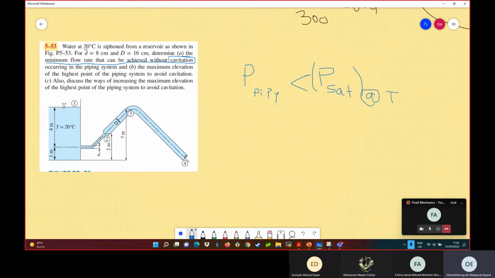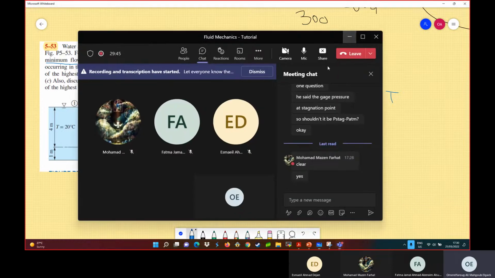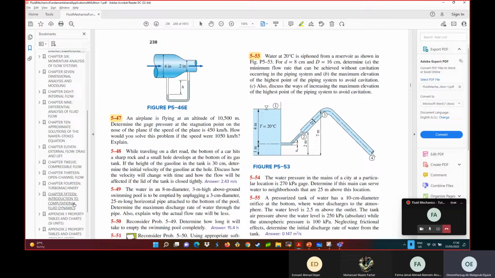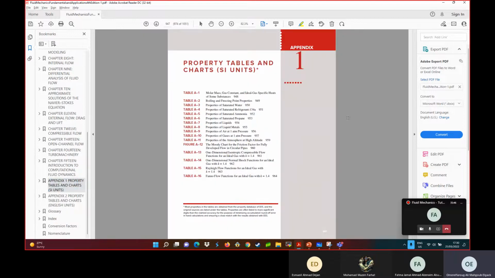Here the temperature is 20 degrees Celsius. There is a corresponding saturation pressure. If you took thermodynamics, you know how to find it in the appendix. And if you didn't take thermo, then I will just show you how.